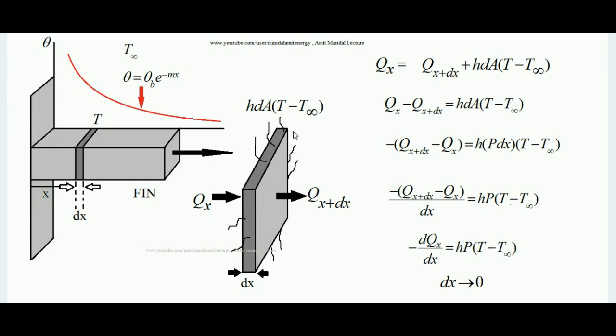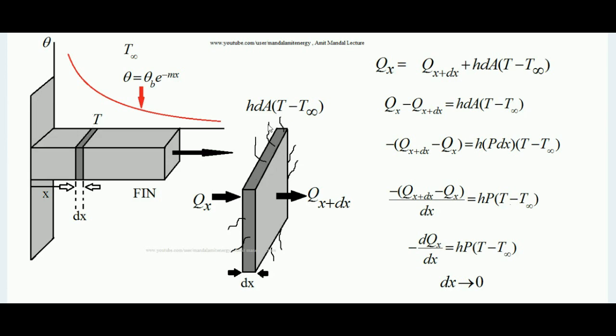Qx is the heat input rate, and heat is dispensed by this fin from its outer peripheral surface to the surrounding. So for this thin section also, heat is dispensed to the surrounding from its outer peripheral area, the area which I am showing with this arrow. Through this outer peripheral area, heat is dispensed to the surrounding.